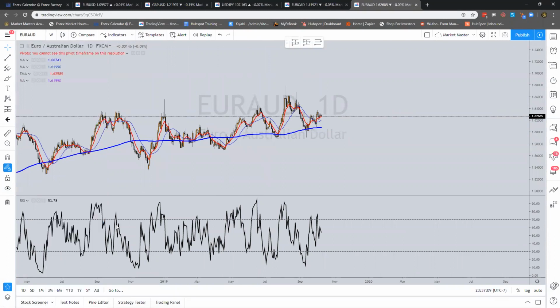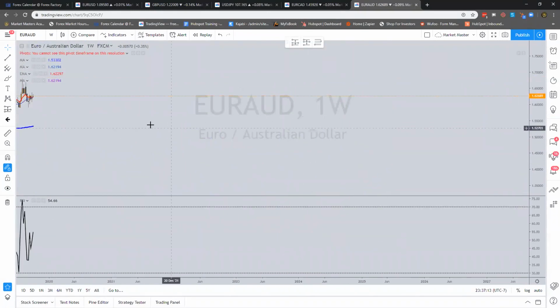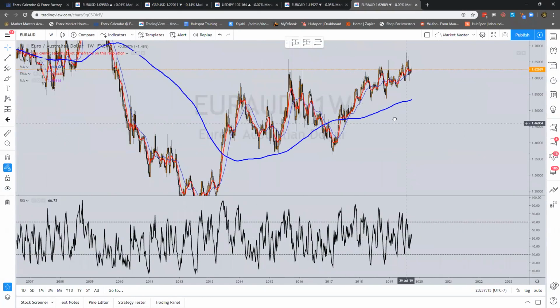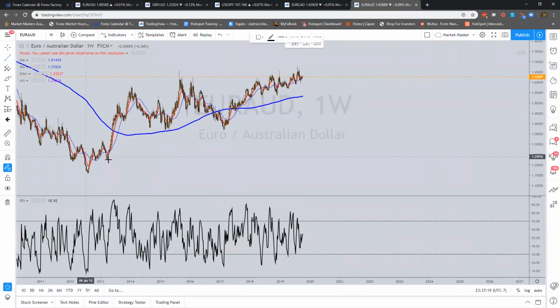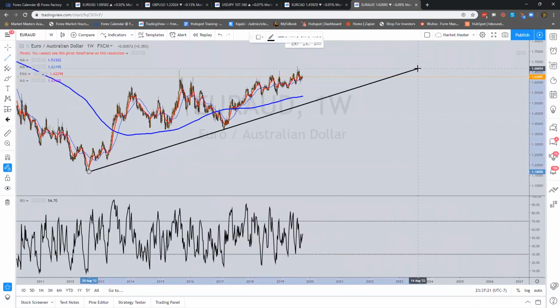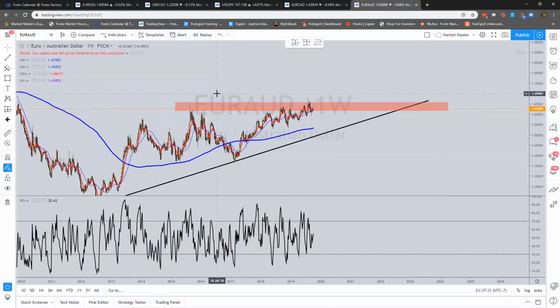Okay, so for something like this, I'm going to go out to the weekly just so I can get a better view. It is at a strong resistance.